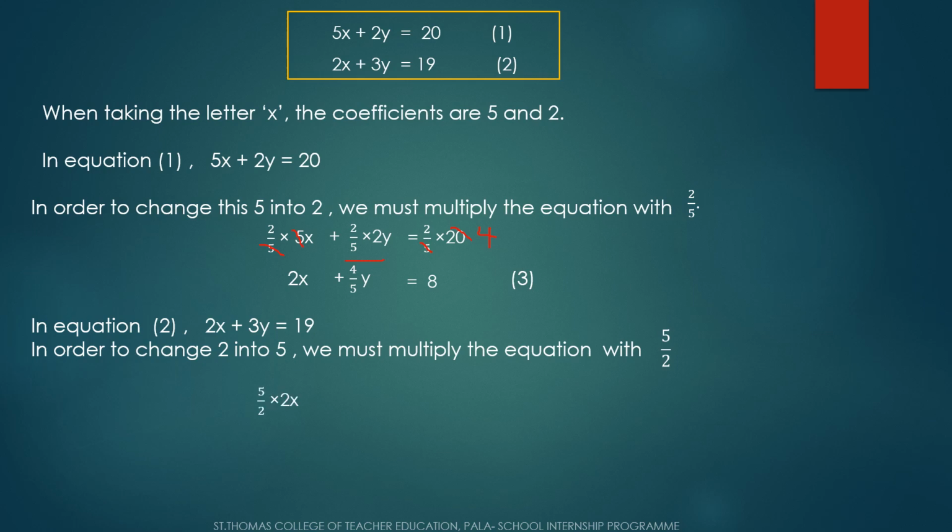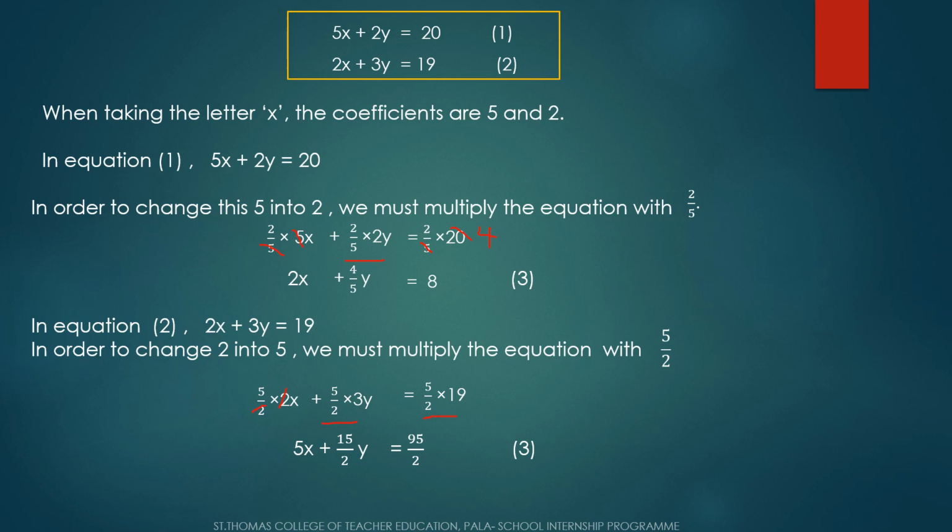So what is the first step? 5 by 2 into 2x plus 5 by 2 into 3y equal to 5 by 2 into 19, isn't it? Good. Now, can you cancel some of this and tell me the next step? We can cancel this 2 and this 2. Here nothing to cancel. So, we get the next step as 5x plus 15 by 2 y equal to 95 by 2. Let's call this equation 3.